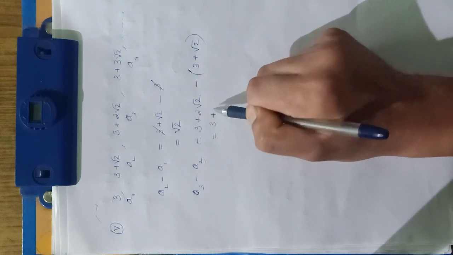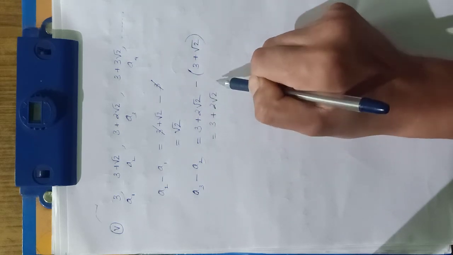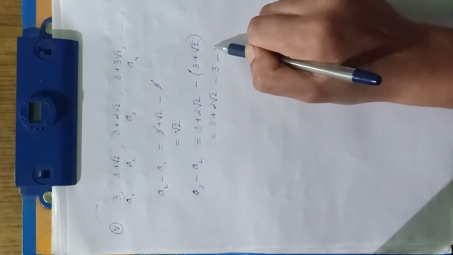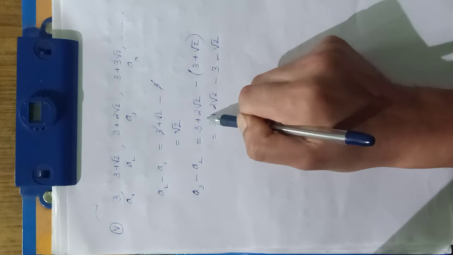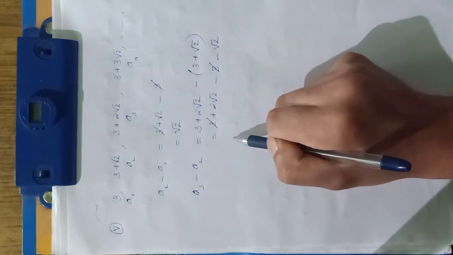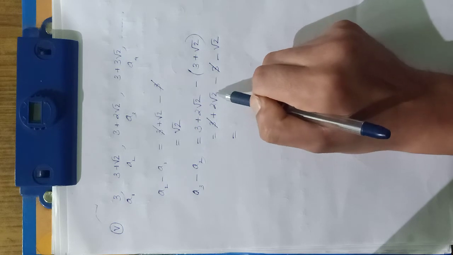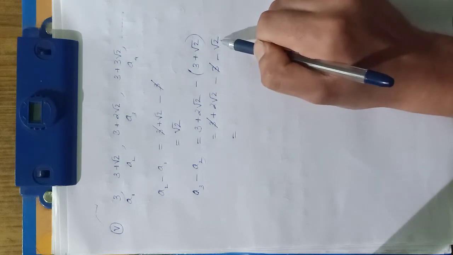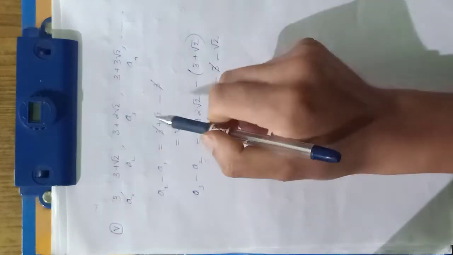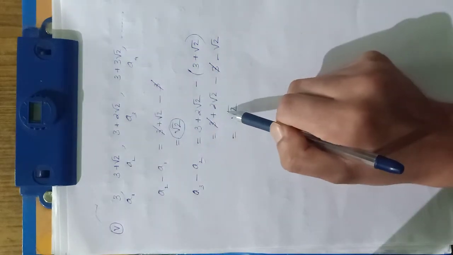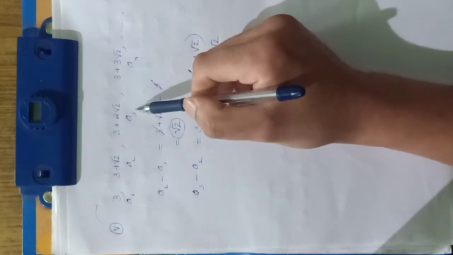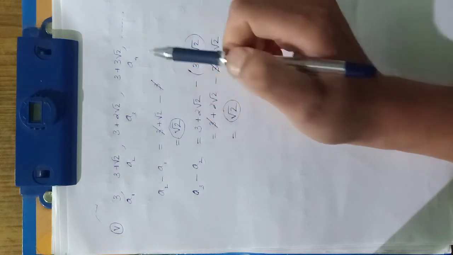Now 3 plus 2 square root of 2 minus 3 minus square root of 2. Now positive 3, negative 3 can be cancelled out. So 2 square root of 2 minus square root of 2 gives us square root of 2. Now the differences in both cases are equal, but that's not enough. Let's check the difference between the next two terms.